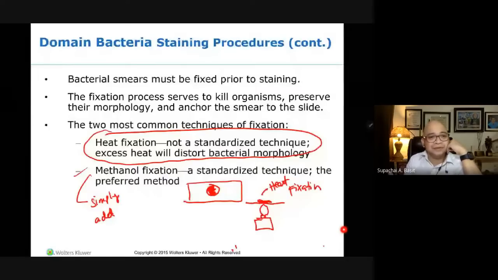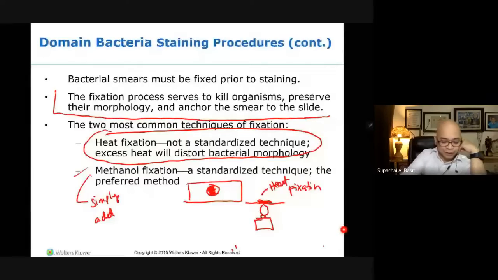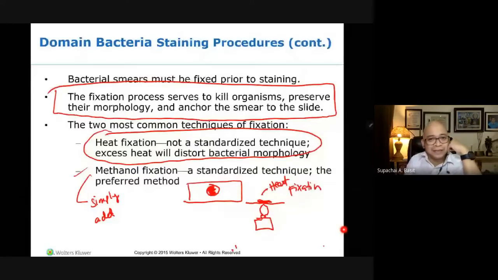Fixation is important because the process will kill the organisms, so it will be safer for us to study them. It will also preserve their morphology and anchor the smear to the slide, so that once we treat them with different kinds of stains, they will not be washed away. So that's the importance of fixation.